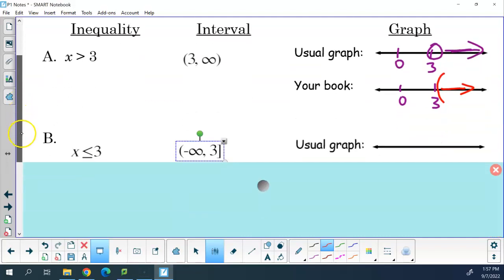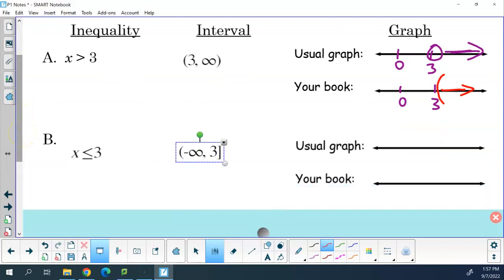So on B, where x is less than or equal to 3, notice I have the bracket on 3 because I want to include it. The other thing I want to point out is this: whenever we write interval notation, we always do the smaller number, then the bigger. Small, comma, big. So negative infinity is smaller than 3, so I went negative infinity to 3.